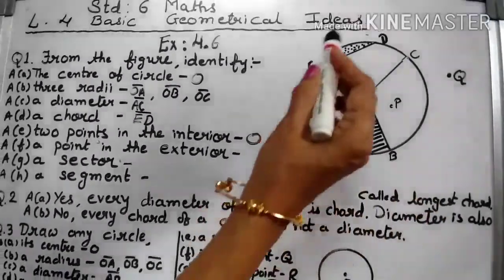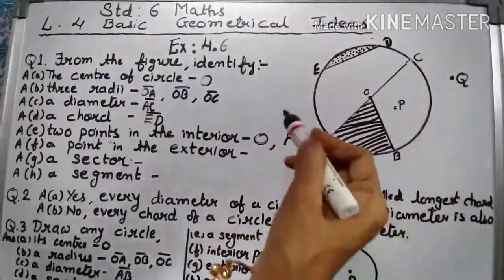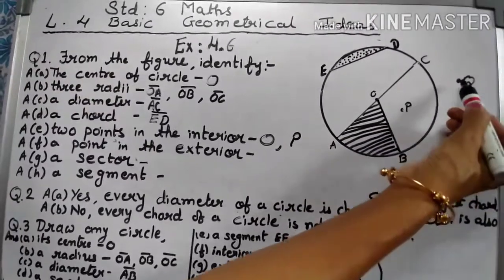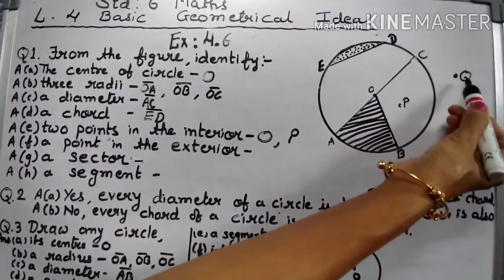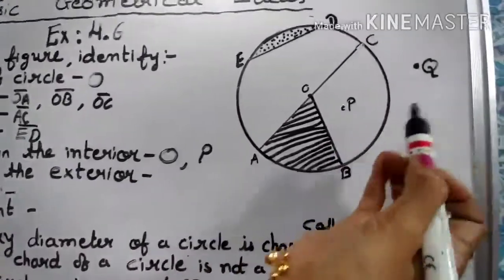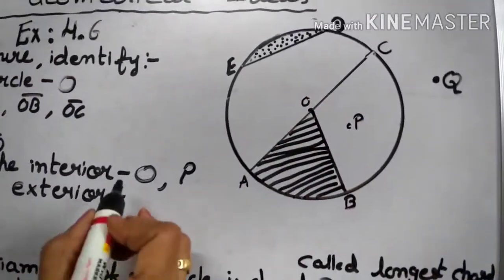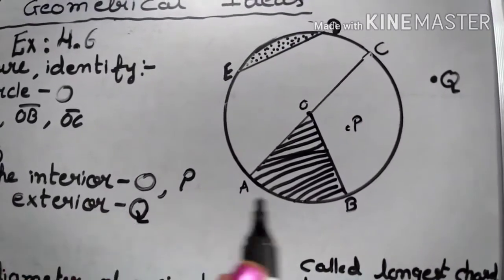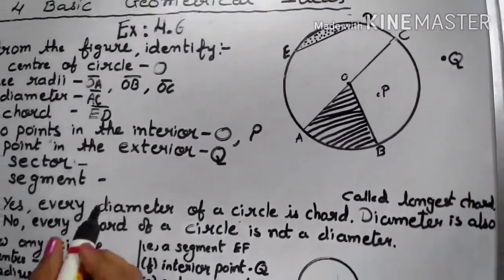Which point lies in the exterior of the circle? Can you see in the figure? Here. Point Q. Point Q lies outside the circle, so it is called an exterior point. So, point Q is the exterior point of the figure.